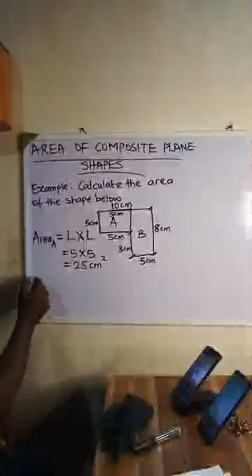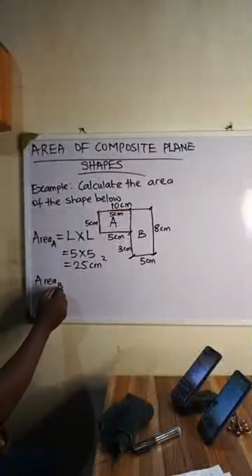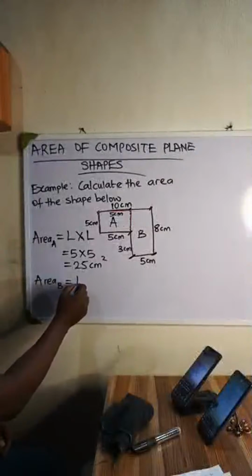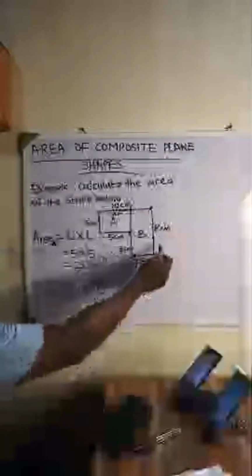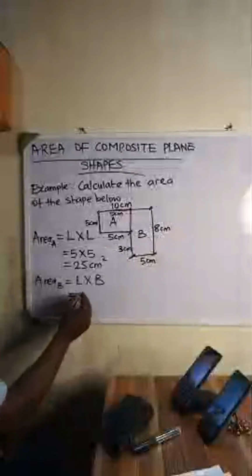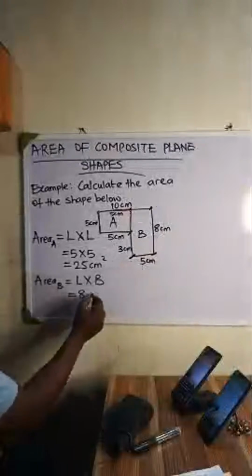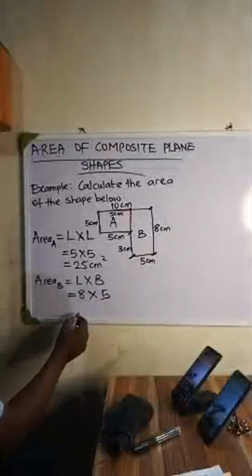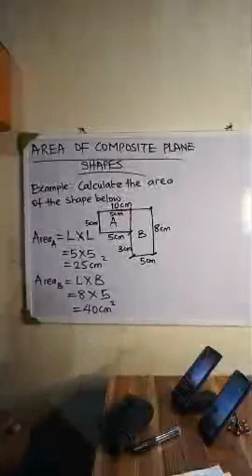So area of shape B is equal to length times breadth. The length is the longer side, which is 8 centimeters. So we have 8 centimeters, and the shorter side is 5 centimeters, so times 5. 8 times 5 gives us 40 centimeters square.